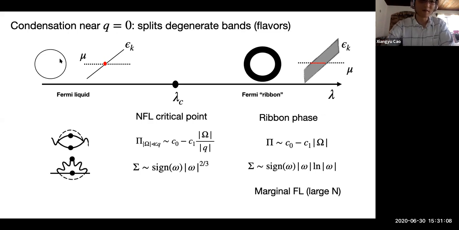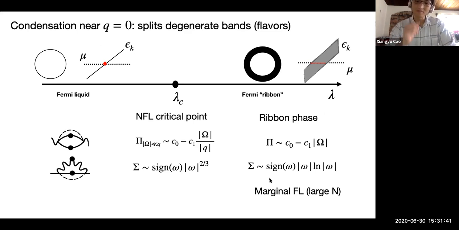And remember that this Fermi surface is not just one band, but many degenerate bands corresponding to different flavors. And because you generate a SYK2 term, which is on site, you will hybridize these bands and split them. So you will get something like that, and it will give you a so-called Fermi ribbon. So you don't have just one Fermi surface, but many Fermi surfaces, which form a continuum.